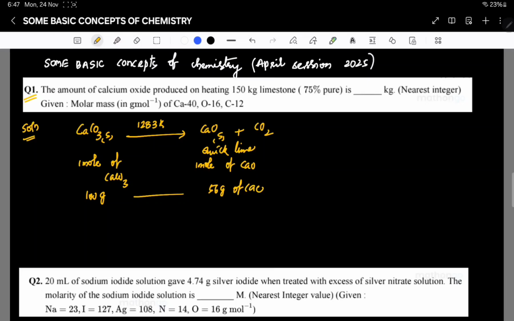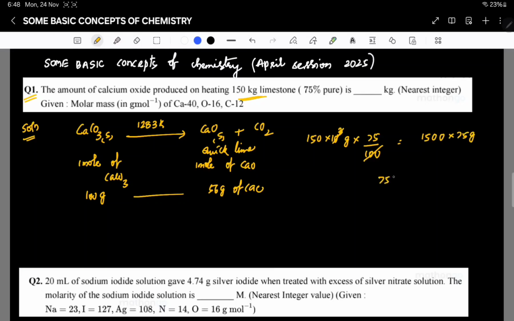But the question is, student, here we are taking 150 kilogram of limestone, but it is 75% pure, it is not 100%, right? So 150 into 10 to the power of 3 grams, kilograms converted into grams, into 75 divided by 100. Here two zeros get cancelled, then it becomes 150 into 10 into 75 grams.